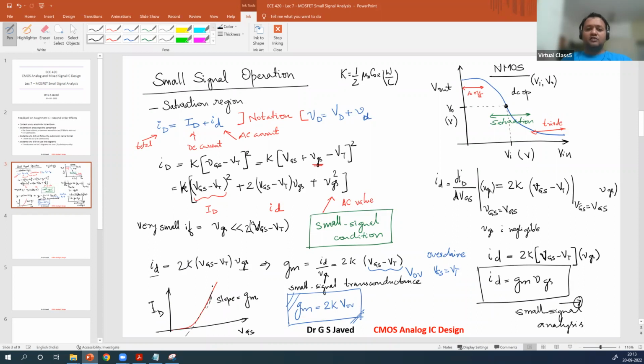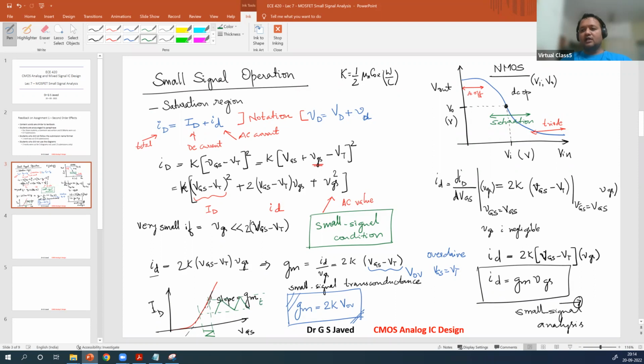That shows the slope, and you will understand the amount of VGS that you apply and the current you get. For example, if you apply a VGS in this range, then the current output will vary between these two values.